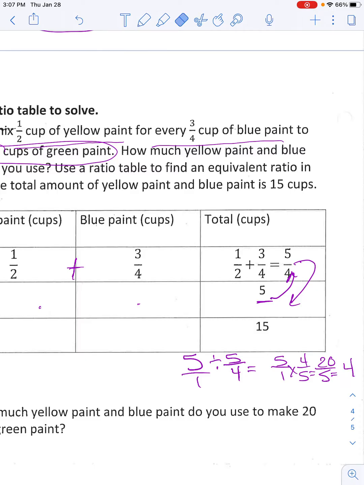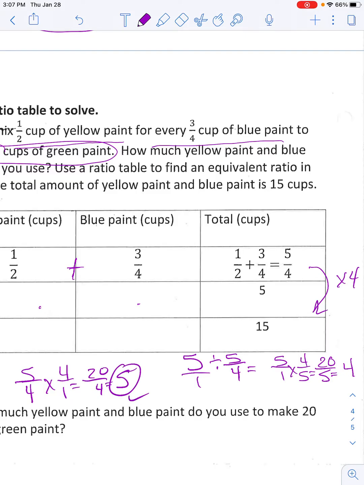which is 4. Okay, let's see if that works. Let's say 5/4, and we're multiplying by 4. 5/4 times 4/1 is 5, so that checks out. So we are going to multiply by 4 to get from 5/4 cups to 5 cups.